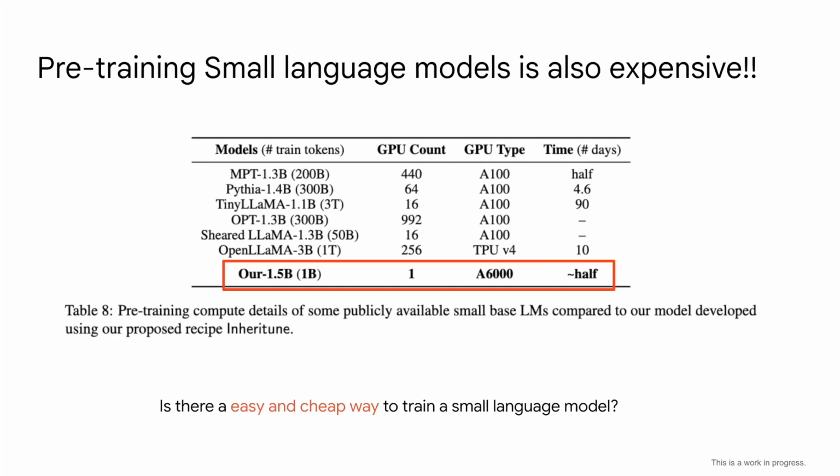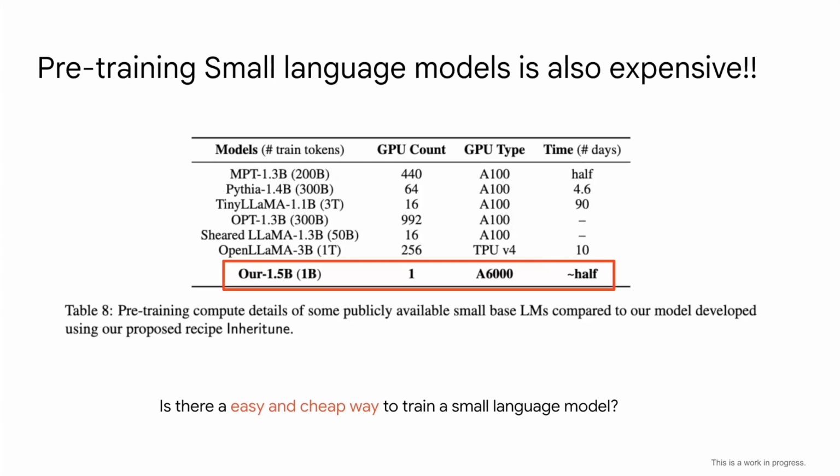Some of them are trained for many days, like TinyLlama, with an extremely large number of GPUs, sometimes TPUs. So the idea is, can we pre-train a 1.5 billion model, which is a reasonably small size model, with just one B token, on one GPU, an A6000, which is what most academics have, and which I have in my lab, in half a day, which is less than 12 hours.